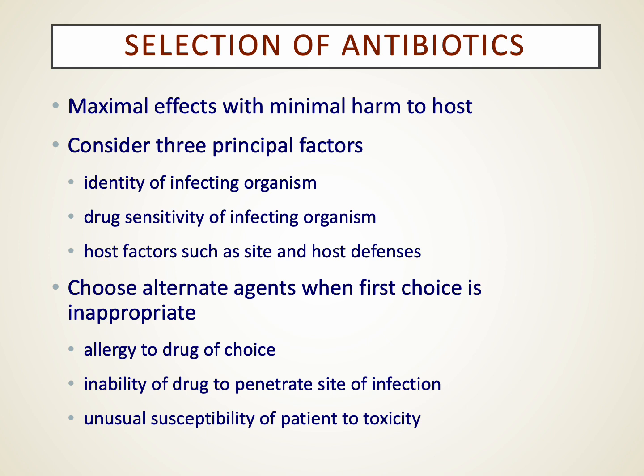Or you might have an inability of that drug to penetrate the site of infection. For example, with meningitis, there might be a lot of antibiotics you could consider using, but if the drug doesn't cross the blood-brain barrier, it is not going to work for you. So that needs to be a consideration. And maybe there's something unusual about that patient or a concern about their toxicity.